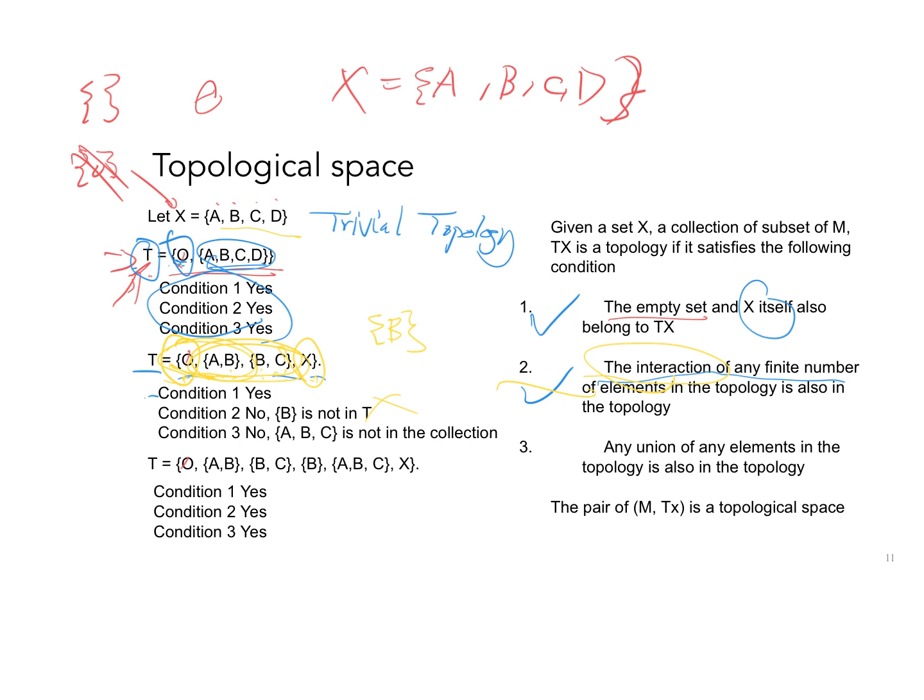But here, I would not fulfill this criterion because {A, B, C} is not inside that family of sets. It's not one of the collections. Does that make sense?